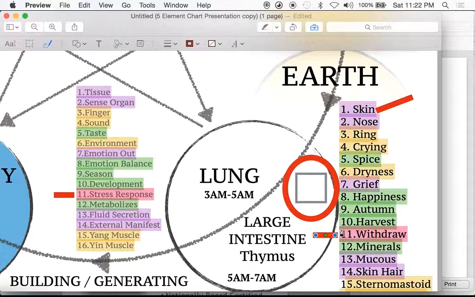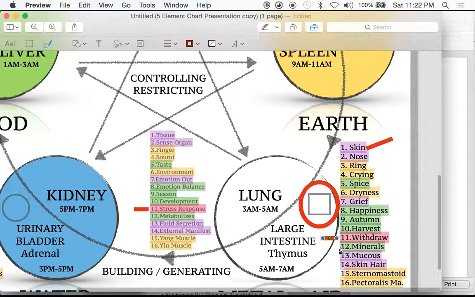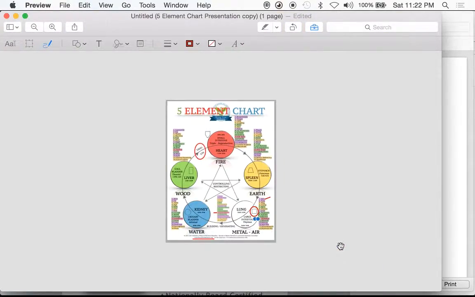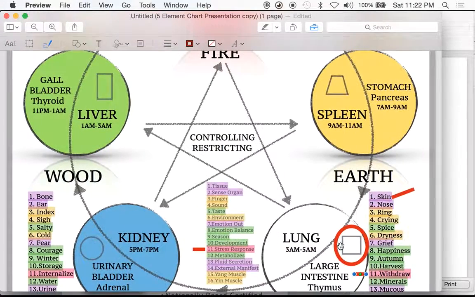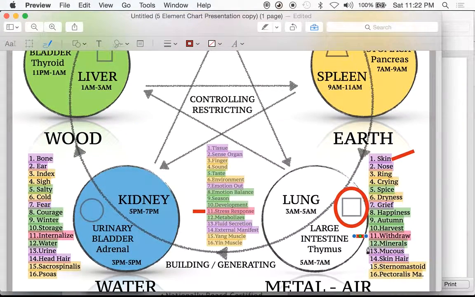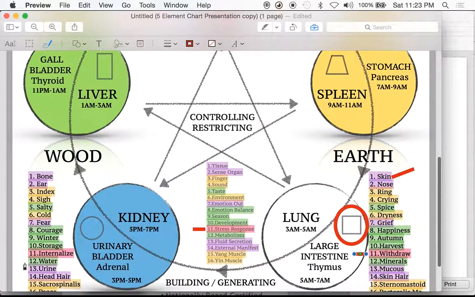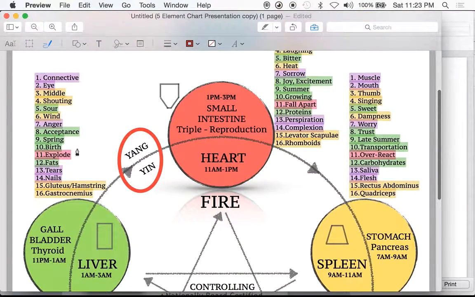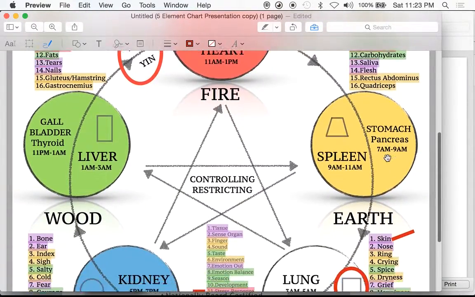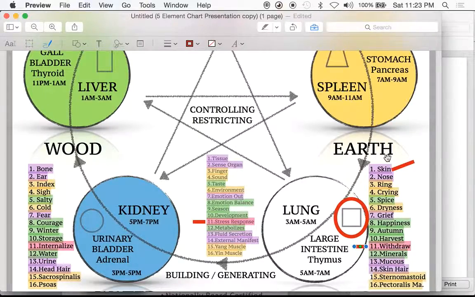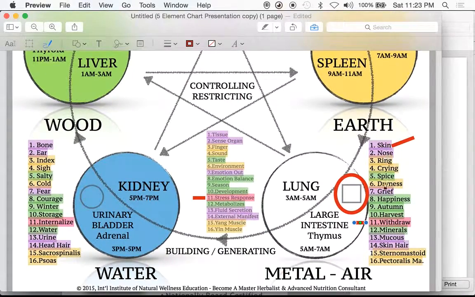Likewise, every system has a stress response, but there is a more common stress response that people have. If we just ask somebody, is your stress response more commonly to withdraw, internalize, explode, fall apart, or overreact? The one that's more common will often be an indicator of their dominant element.